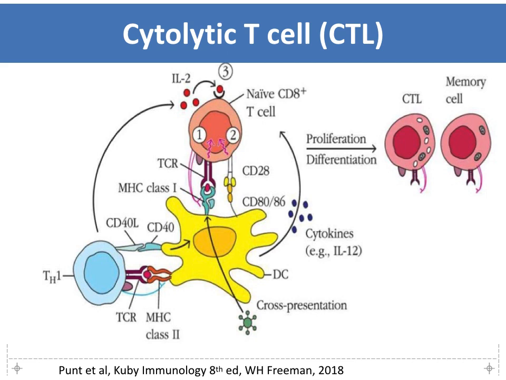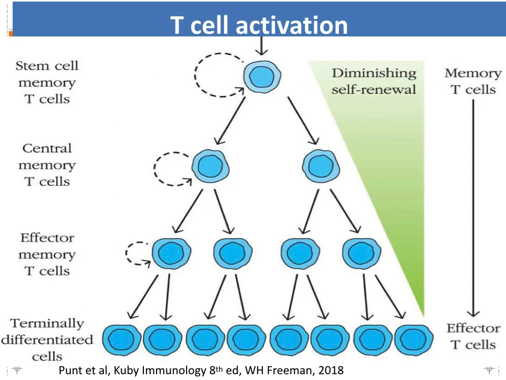The help provided by the Th1 makes the dendritic cell able to activate the cytolytic T cell. What happens when the cytolytic T cell is activated and when the helper T cell is also activated? It results in production of cytokines of various types, and it results in T cell proliferation.